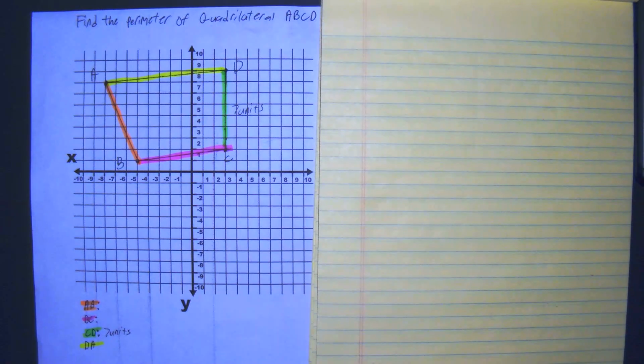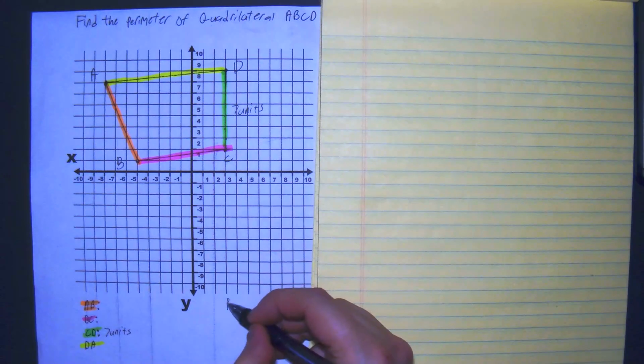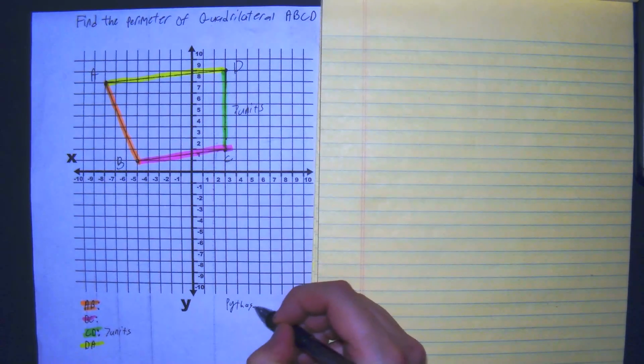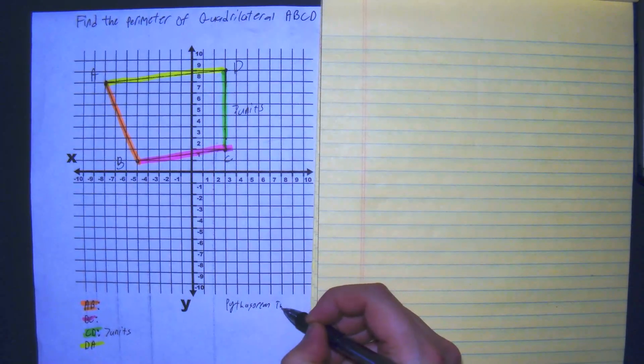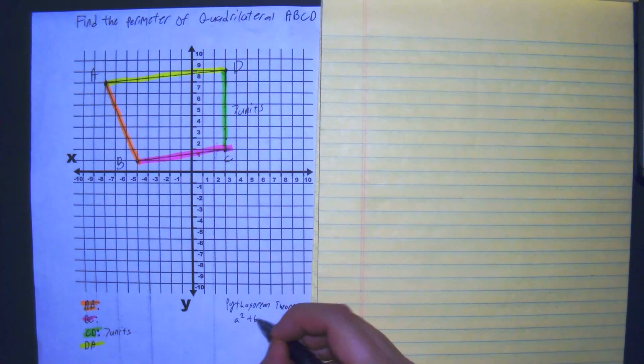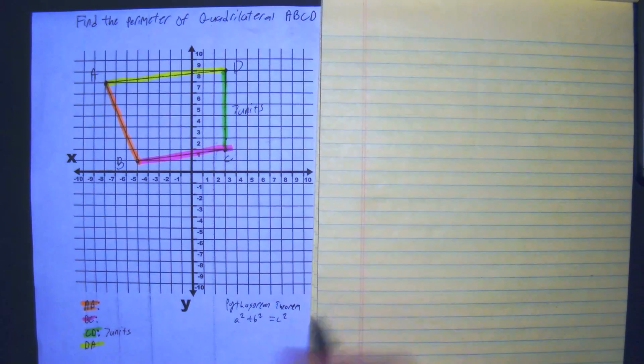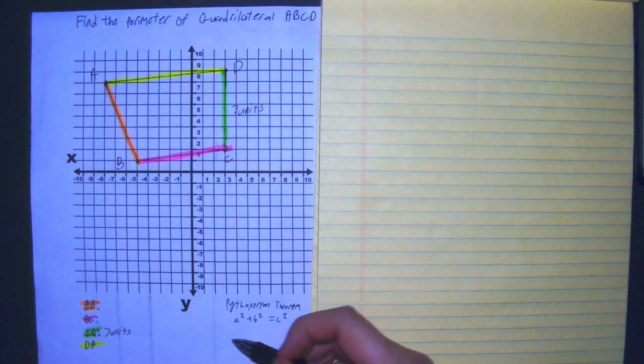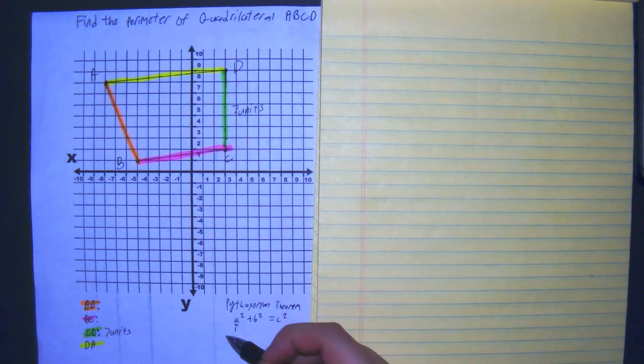So like I said, we're going to use the Pythagorean Theorem. It looks like this: A squared plus B squared equals C squared. A and B, the order doesn't matter, but here I'm going to say this is for the horizontal.